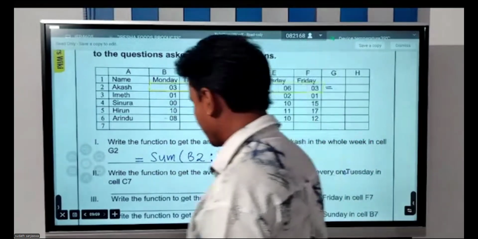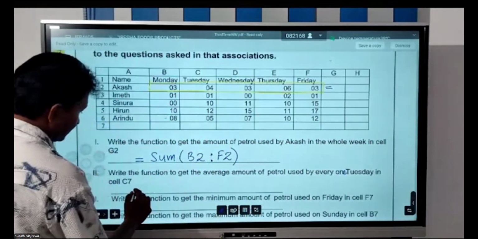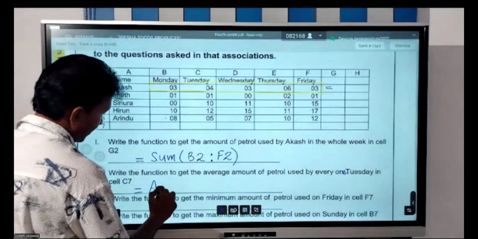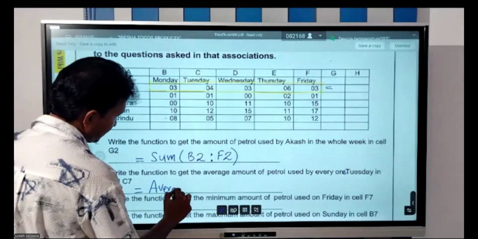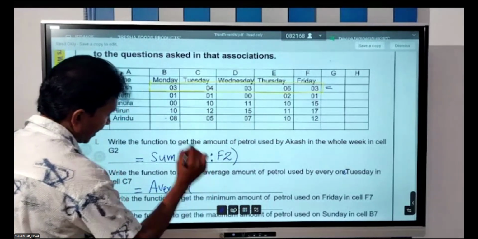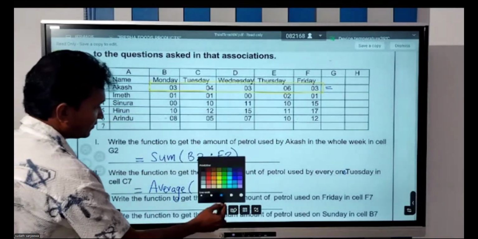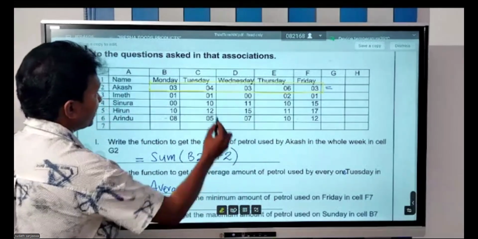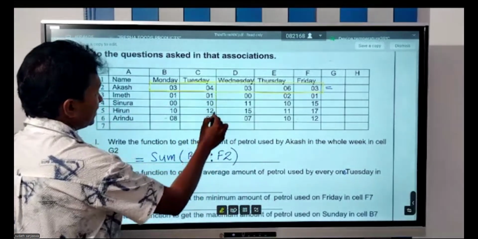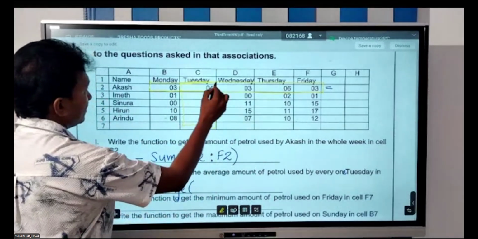So what is the function? Equal, we use average. Average, and now we have to select the range. What is the range? Now, the range is from here to here. Right?